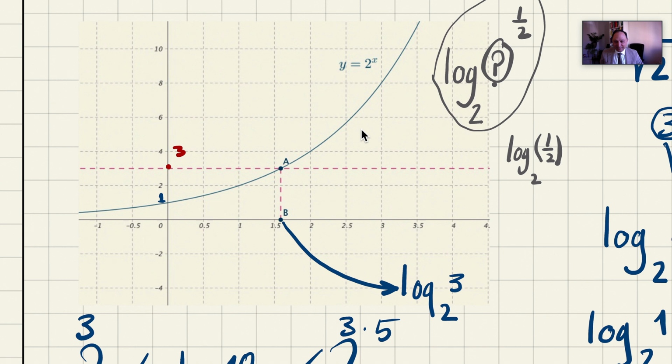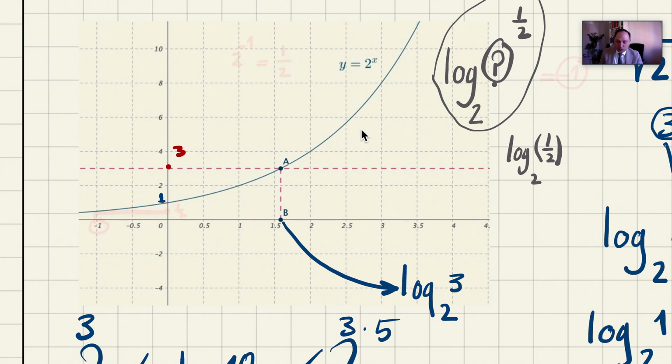Because if I ask you what is 2 to power -1, the answer is 1/2. So when I have -1, I go and reach 1/2, so it is clear that if I start from 1/2 and go in the other direction, I will reach -1. So the answer to this is exactly -1.